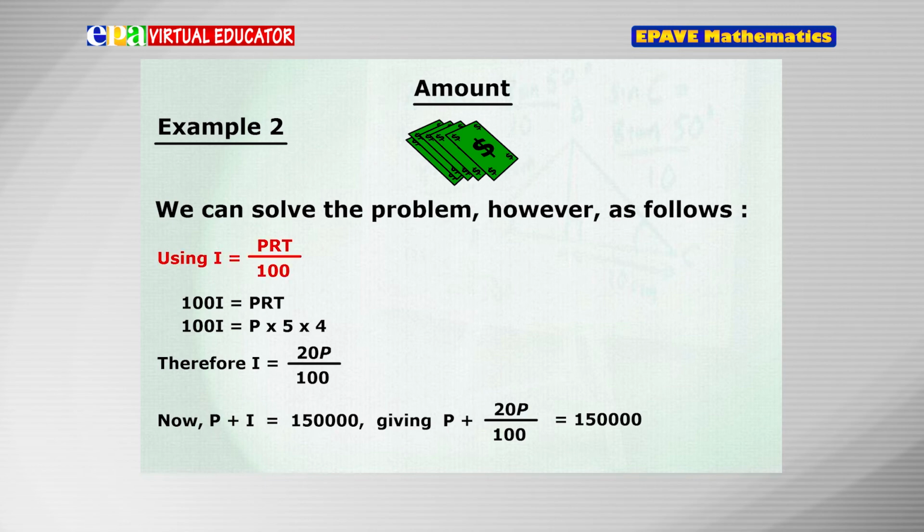Using I equals PRT divided by 100, 100I is equal to PRT, giving 100I equals P multiplied by 5 multiplied by 4. Therefore, I is equal to 20P divided by 100. Now, P plus I equals 150,000, giving P plus 20P divided by 100 is equal to 150,000.